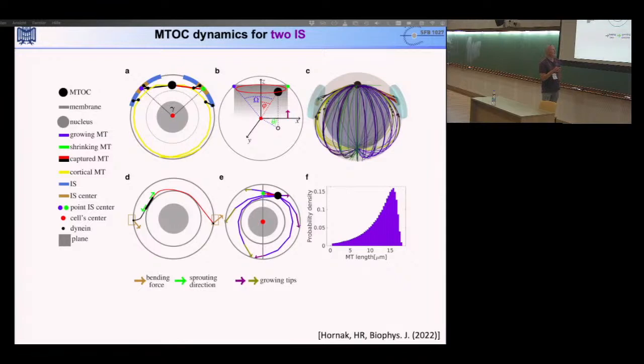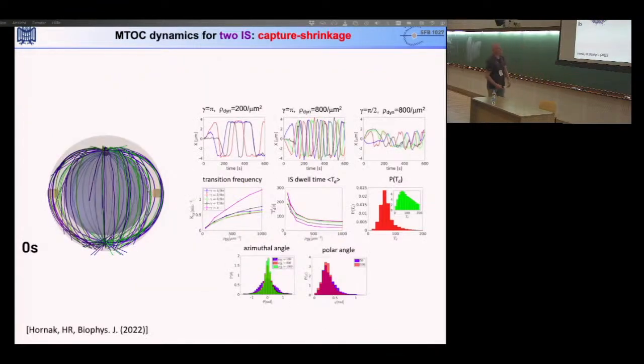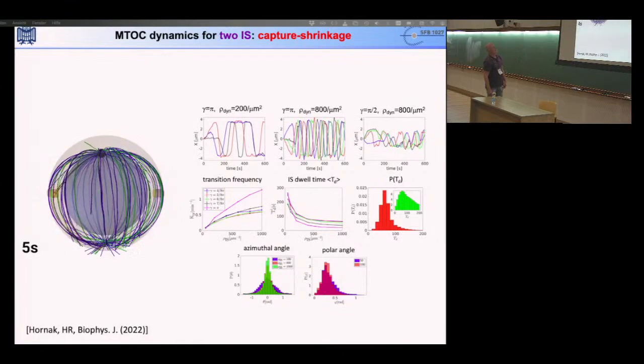And actually in capture shrinkage, you see that at the end the microtubule is strongly bent. That means there are bending forces exerted on the bound dynein. At some point, the bending just becomes too strong, so that it releases here. Then the others take over and pull the centrosome back. So that is the mechanism that you suppose, and this is essentially how it works.